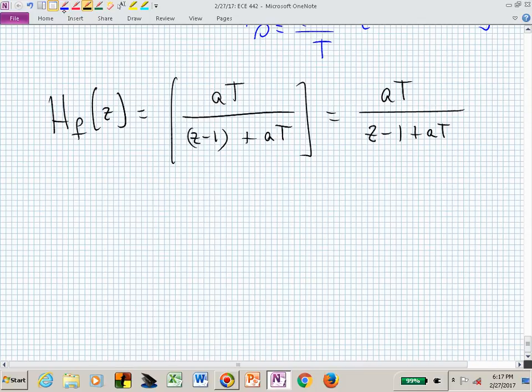Let's now see what this has in terms of properties or characteristics. For this discrete time transfer function, where's the pole? And now when I say poles, you start looking where? Around the room?